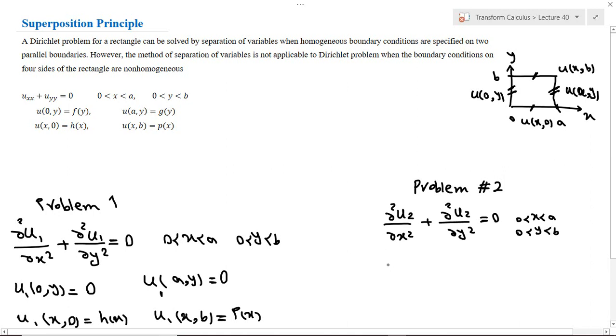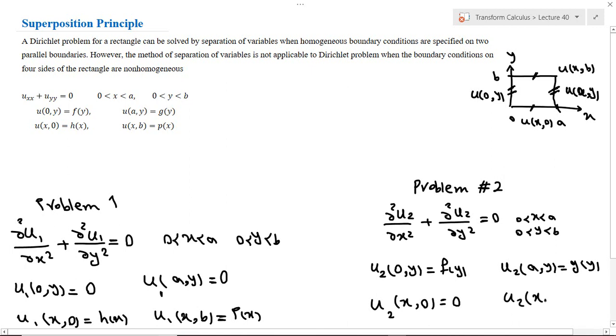And for boundary conditions, we assume that u2 of 0 and y is equal to f of y, u2 of a and y is equal to g of y, u2 of x and 0 is equal to 0, and u2 of x and b is equal to 0.